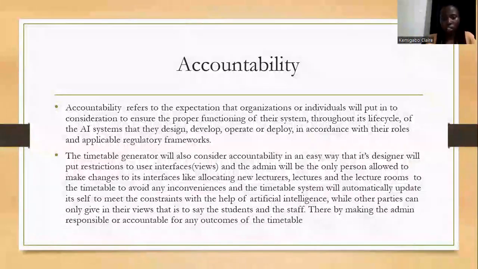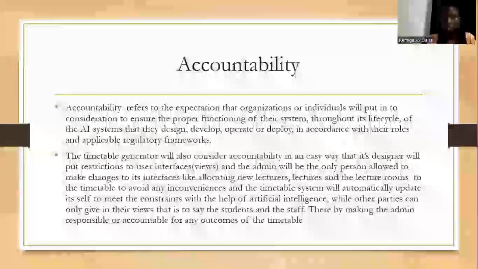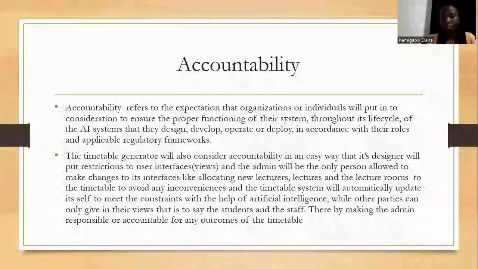So the timetable generator will consider accountability in an easy way: the designer will put restrictions on the user interfaces, so that only the admin is allowed to make changes, for example allocating lectures and lecture rooms, to avoid inconveniences. And the system will automatically update itself to meet the constraints.